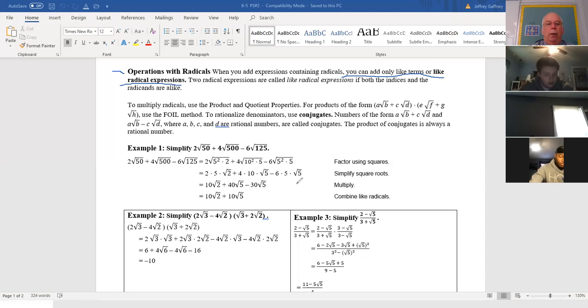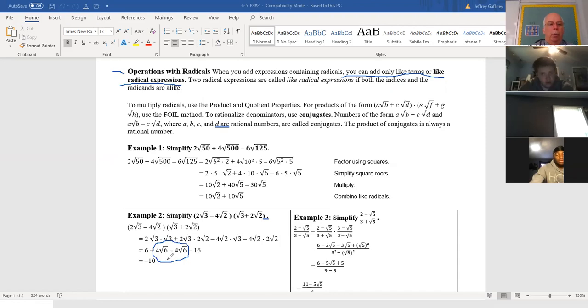Let me see if I can find one here. These are like radical expressions, right? Which is the same radical with the same root and the same radicand. Remember, the radicand is that value underneath the radical symbol.